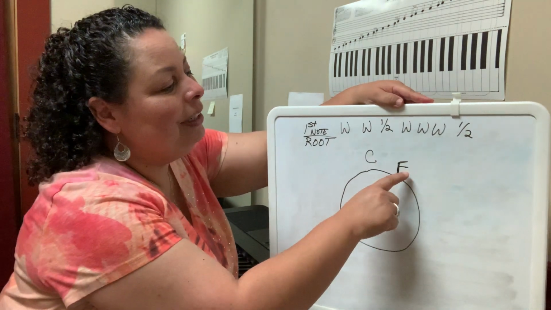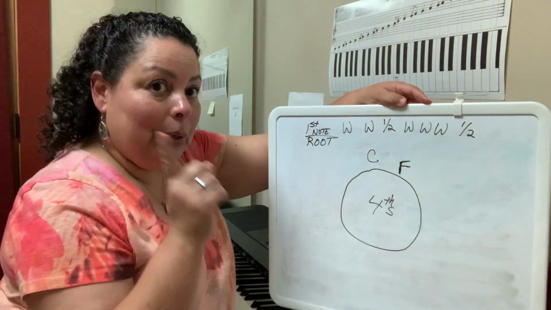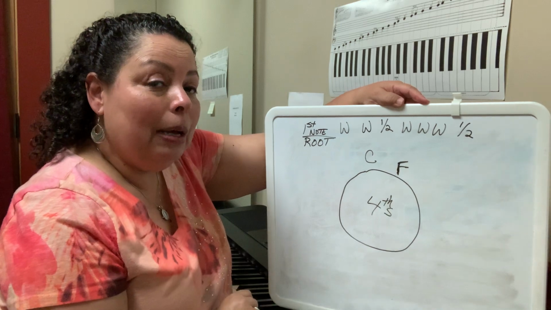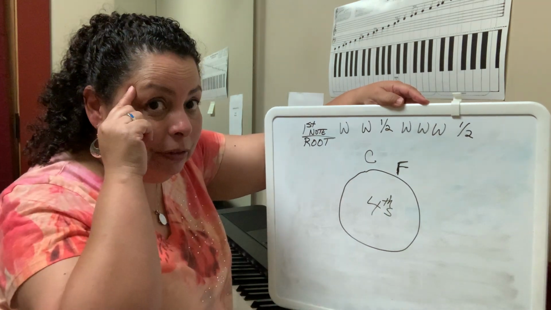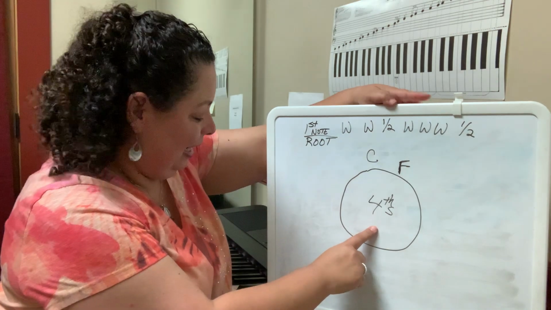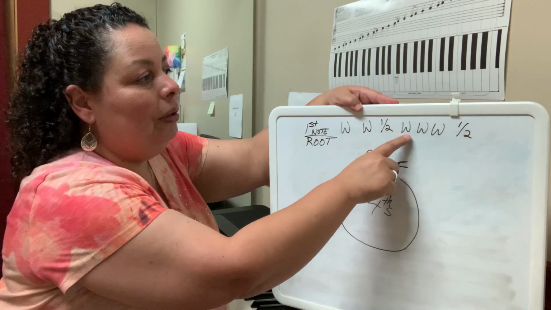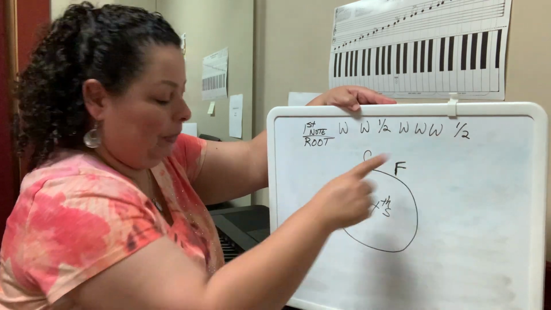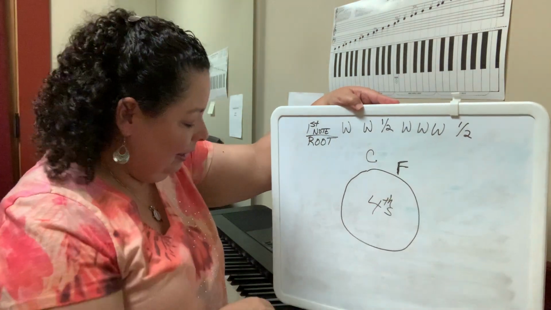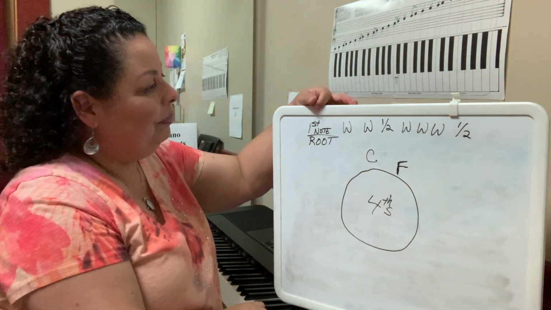All right, so now we're going to do a major scale starting on F. Now remember, F is the fourth note up from C. You have to remember, fourth note, circle of fourths, right? Okay, so now let's do our whole, whole, half, whole, whole, whole, half, starting on F. So we're going to F, that's our first note, our root note.